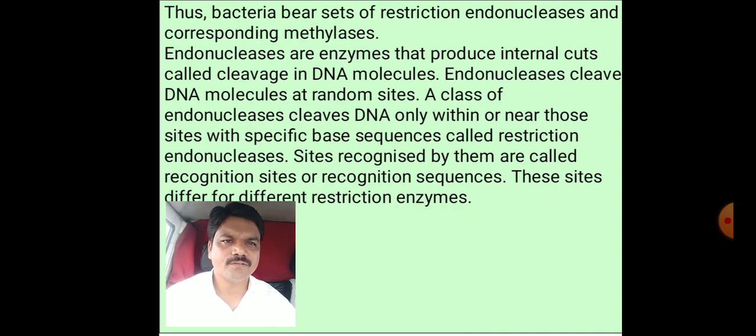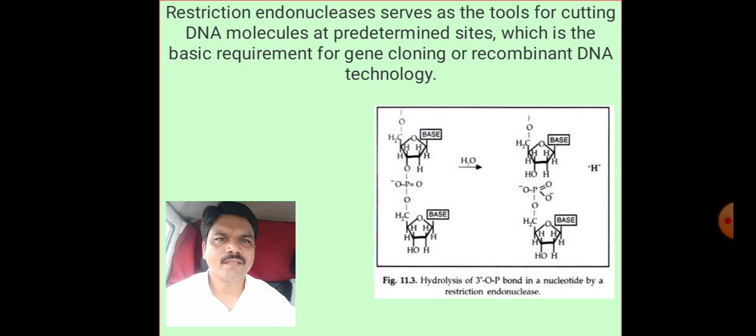A class of endonucleases cleaves DNA only within or near those sites with a specific base sequence, called restriction endonucleases. Sites recognized by them are called recognition sites or recognition sequences. These sites differ for different restriction enzymes.